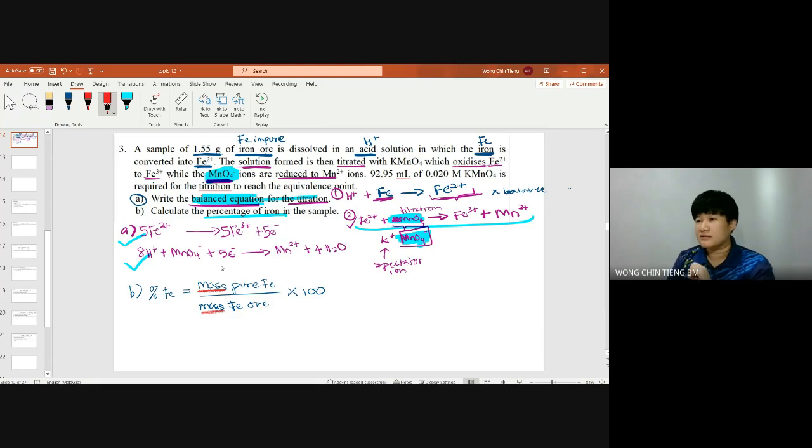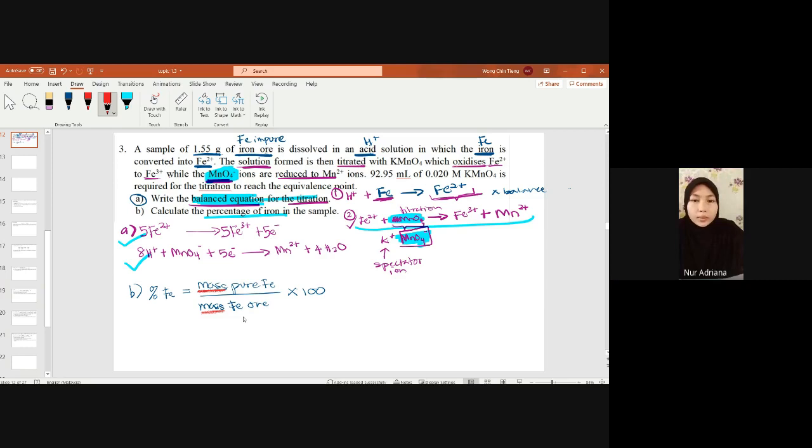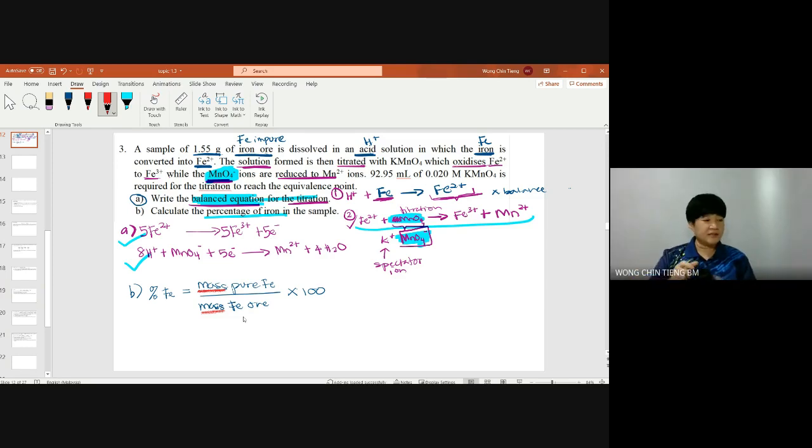Kenapa mesti guna mass, Adriana? Sebab kira jisim. Sebab nak kira jisim, saya nak percentage. So number of mole bahagi number of mole pun boleh. Kenapa mesti mass?